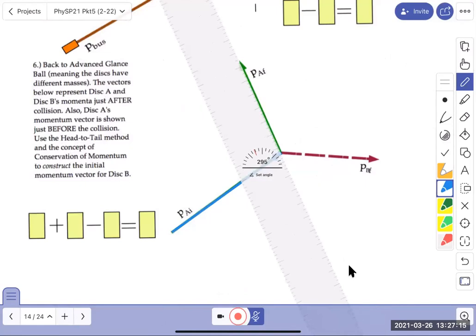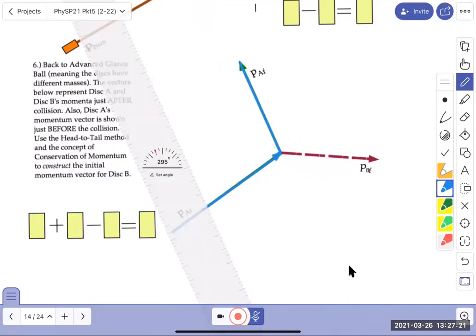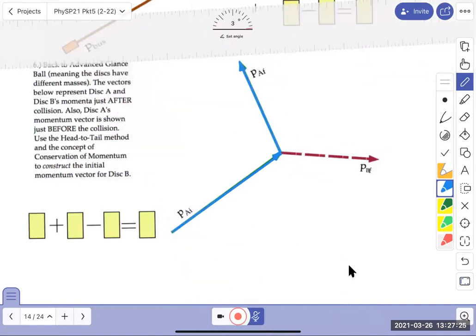Okay. A is blue. So let's write the algebra here.